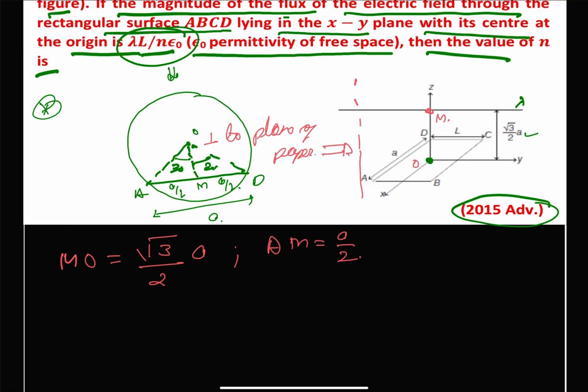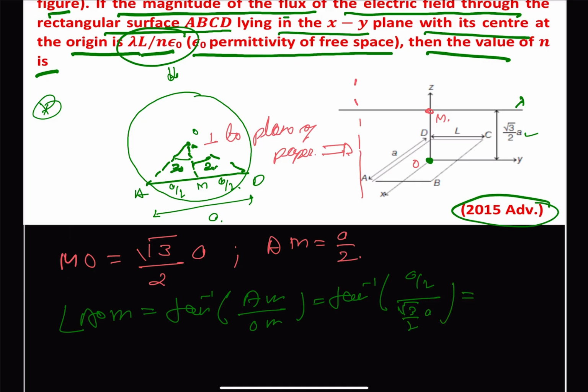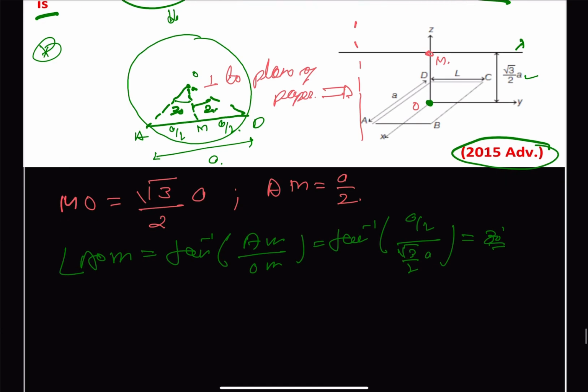And we can find out the angle AOM, which will be equal to tangent inverse of AM upon OM, which is tangent inverse of A by 2 over root 3 by 2 times A, which comes as 30 degrees, which we can easily see also. Okay, and this is our Gaussian surface, hypothetical surface.